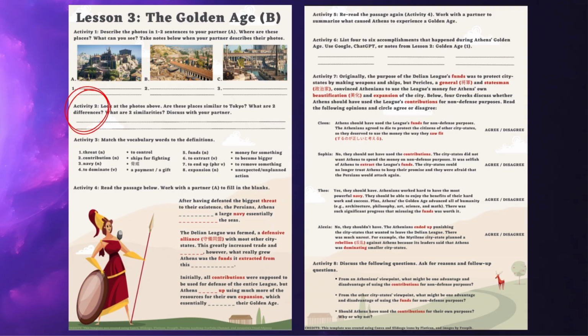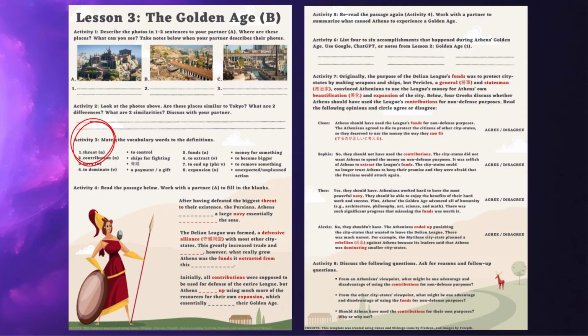The lesson then moves into personal knowing, as students compare the images of ancient Athens with places in and around Tokyo. This comparison encourages learners to position themselves in relation to the content, drawing on their own experiences and perspectives to interpret historical space.